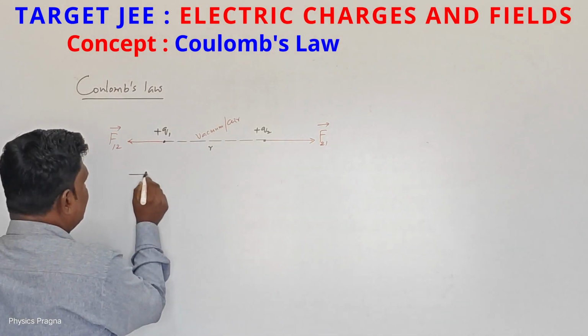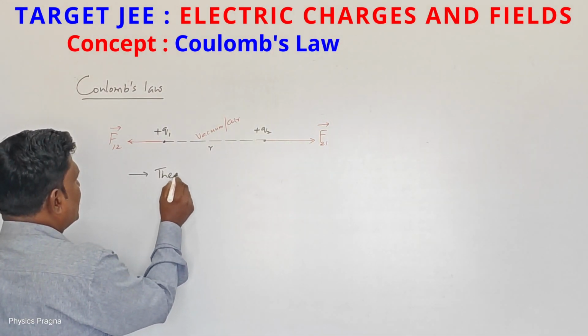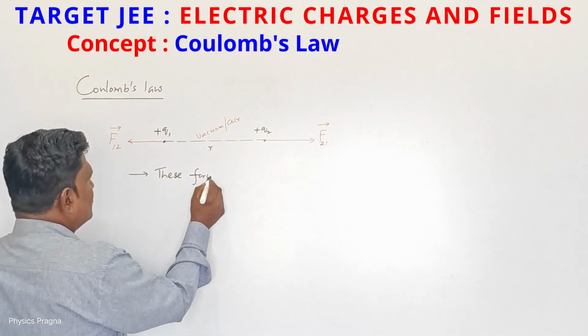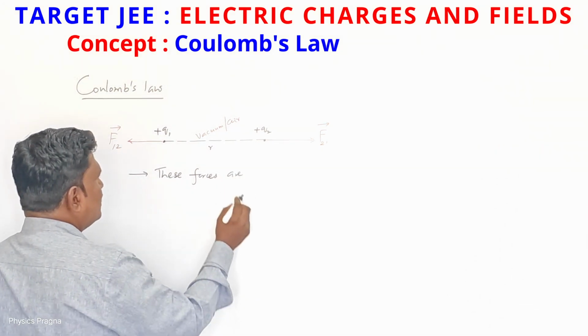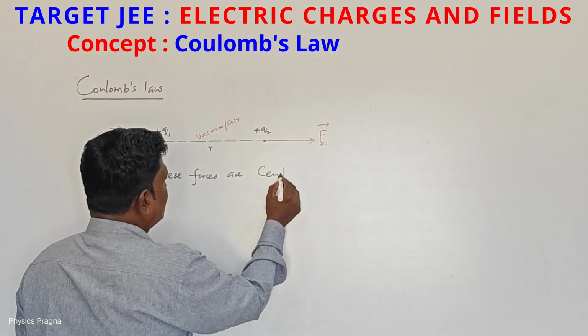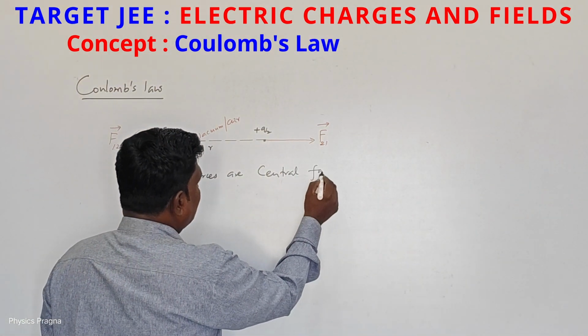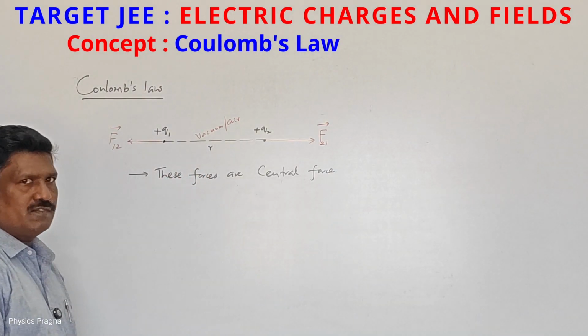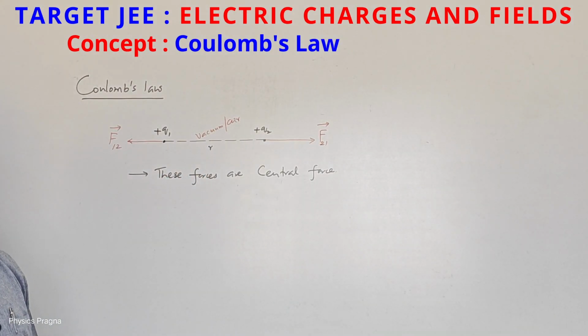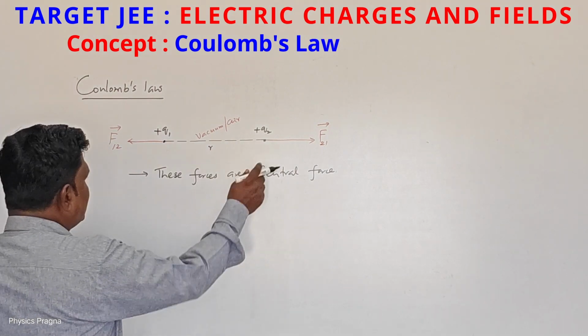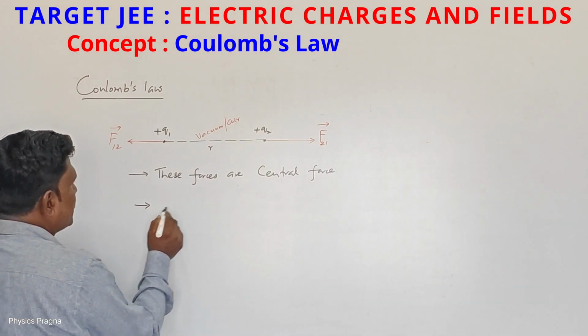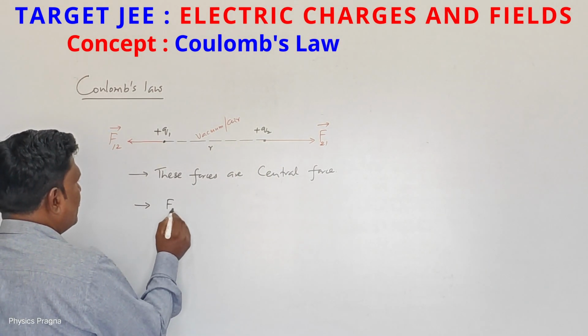So we can write that these forces are central forces. Central forces are those forces which act along the line joining the centers of bodies, here the centers of the charges. Let us write the vector form.